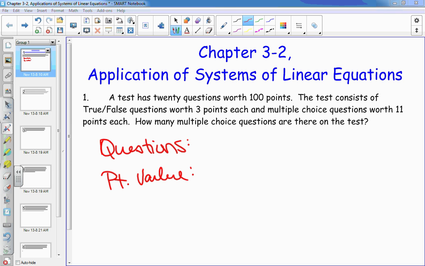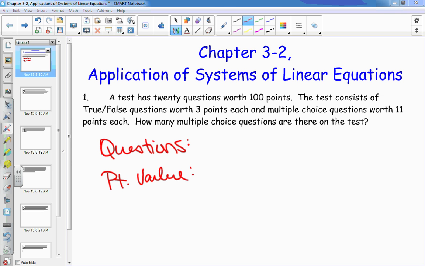Yes? So a test has 20 questions, right? And the test consists of true and false questions worth 3 points each and multiple choice questions worth 11 points each. So what's X and what's Y? Okay, let's rewind.